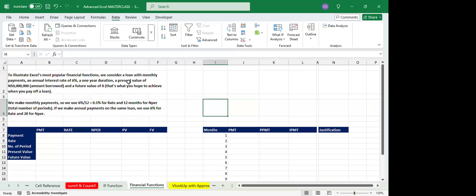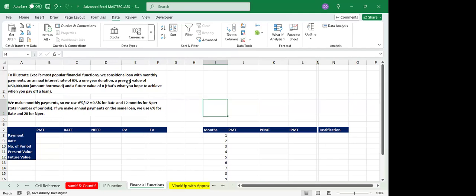Now, take it back to this topic we did in elementary mathematics, simple interest. You recall that the formula for calculating interest is principal times rate times time all over 100. I hope we still remember that from mathematics.